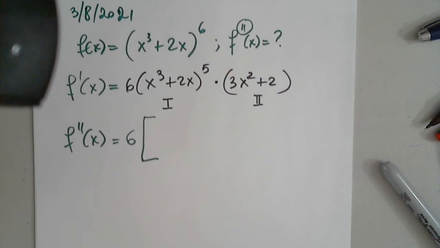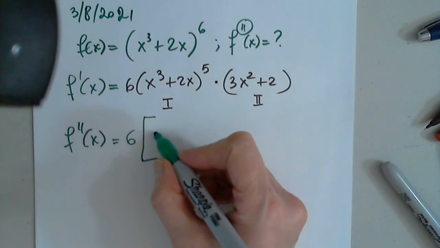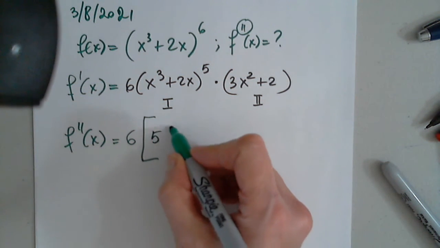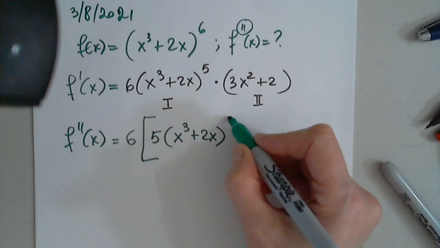Okay, who would like to continue other than Rita? So 5, excellent, (x cubed plus 2x) to the 4th power.